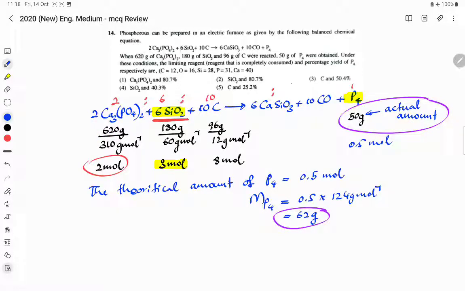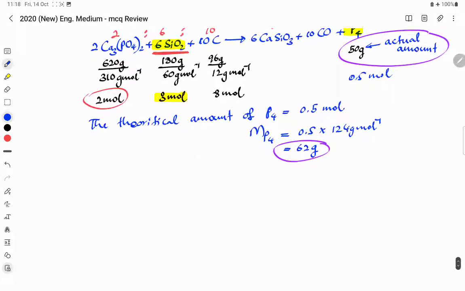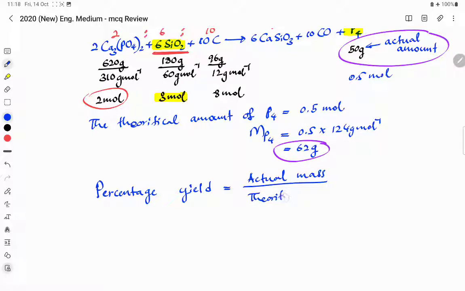So the percentage yield is calculated like this. Percentage yield is equal to the actual mass divided by theoretical mass into 100.